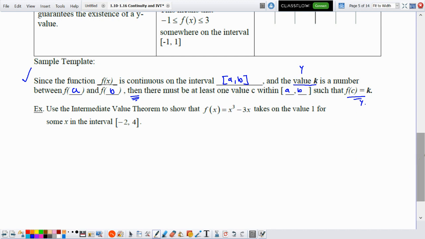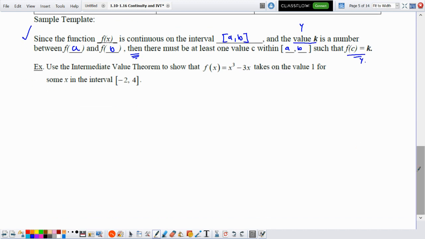So let's apply the intermediate value theorem on this example. Now you should be able to apply the intermediate value theorem from equations, from a table, and from a graph. All three different formats we have to apply the intermediate value theorem to. So first of all, f of x is x cubed minus 3x, takes on a value 1, that means the y value.